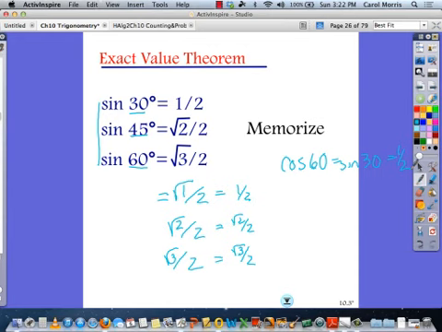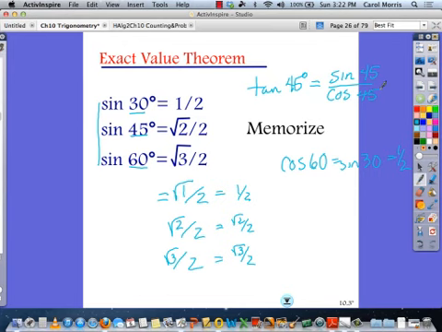Done. Now if I ask tangent, and tangent of 45 is probably one of the easier ones, but tangent we learned today was just nothing more than the sine of theta over the cosine of theta, so sine of 45 over the cosine of 45. Well, wait a minute.